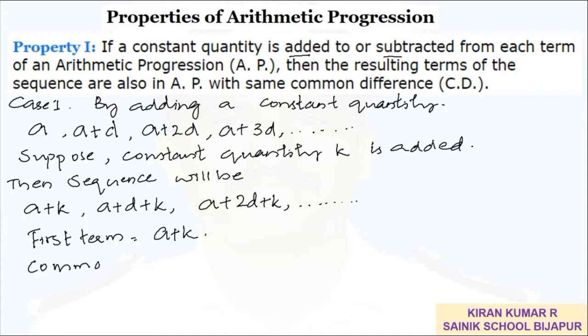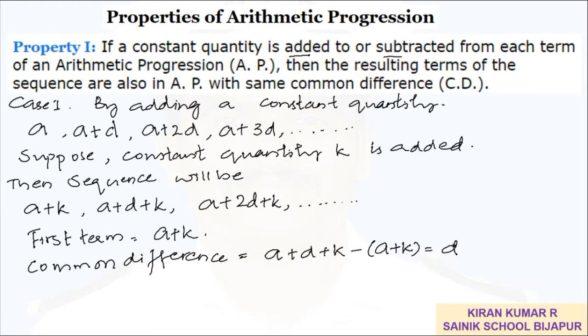Common difference will be second term minus the first term. The second term is a plus d plus k minus the first term a plus k. We get the difference as d.